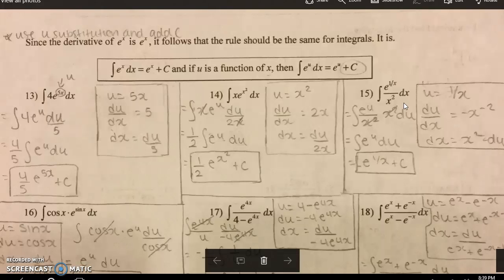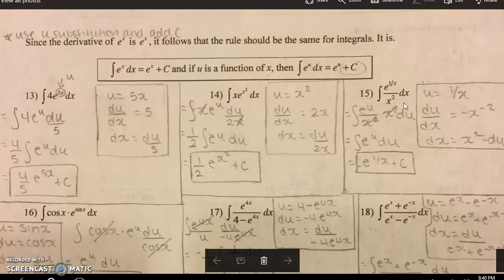So you get 4e to the power of u times du over 5. We take 4 over 5 out of the integral, and we get 4 over 5 integral of e to the power of u times du. And then we just plug in the value for u, and we add c at the end, and that's how we got 4 over 5 e to the power of 5x plus c.